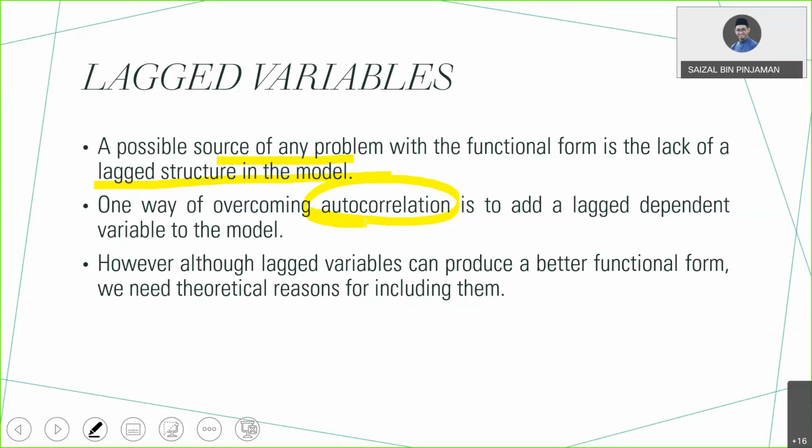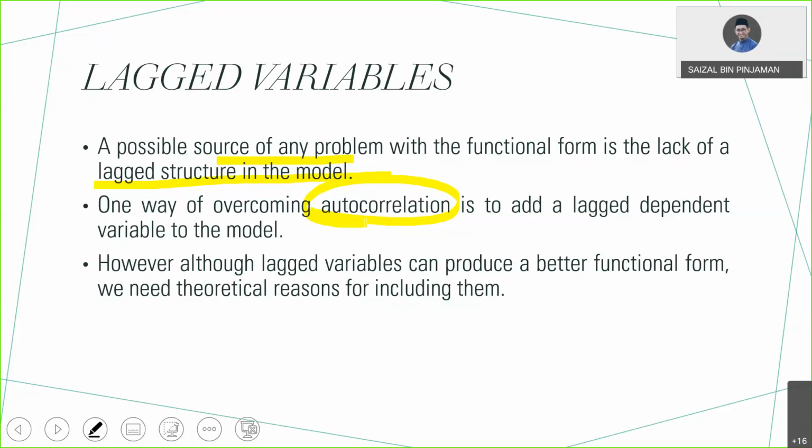One of the reasons why we have this autocorrelation problem is because we fail to include important variables, or in other words, our estimation suffers from omitted variables. And one of the reasons why we have this issue is because we fail to include the lag structure or the lag values on the right-hand side of the equation.